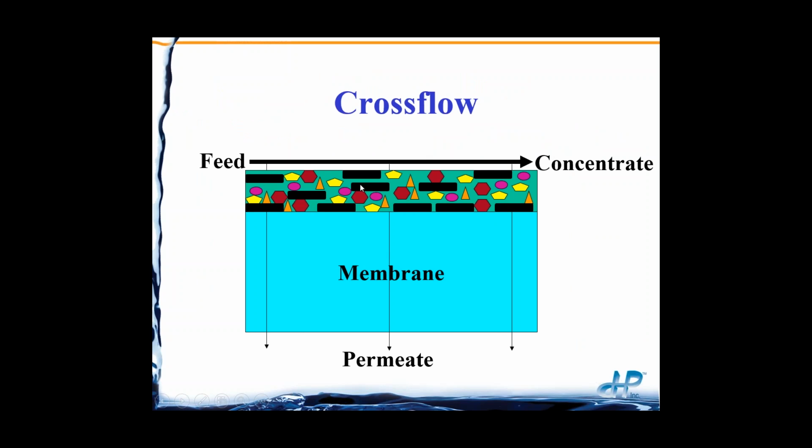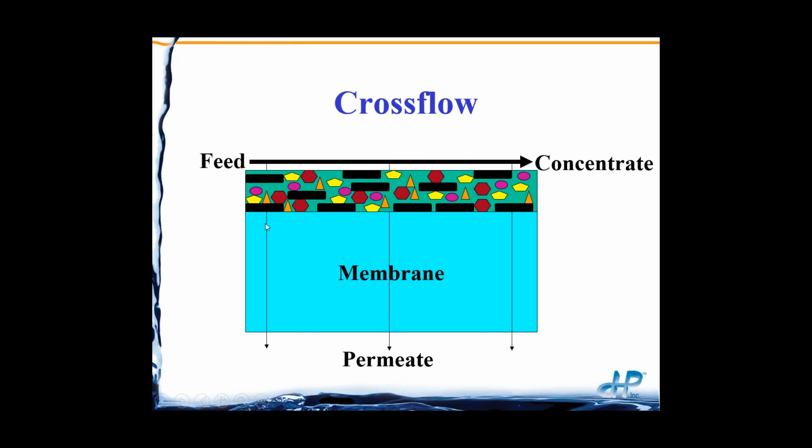In the boundary layer, you get dissolved substances that concentrate, but dissolved substances can diffuse out. Diffusion is random motion from areas of higher concentration to areas of lower concentration. The suspended particles, living and non-living, like silts and clays and bacteria, colloidal silicas, anything that's particulate in nature, that can be deposited on the membrane.